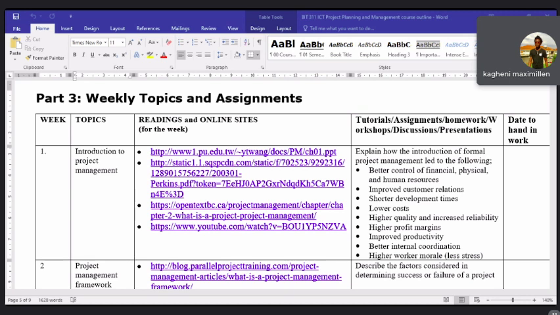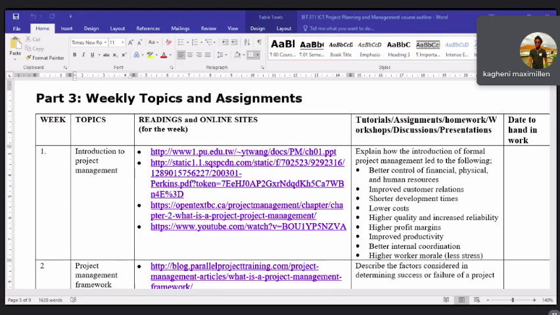There will be an introduction to project management. Under introduction, reading and online sites are shown. Those sites you can access and read more.